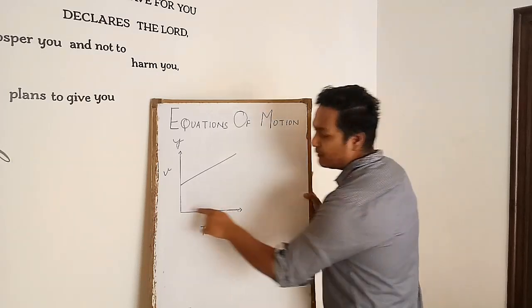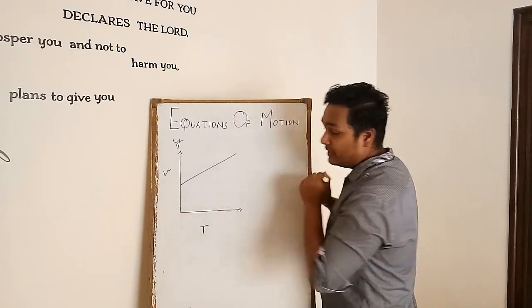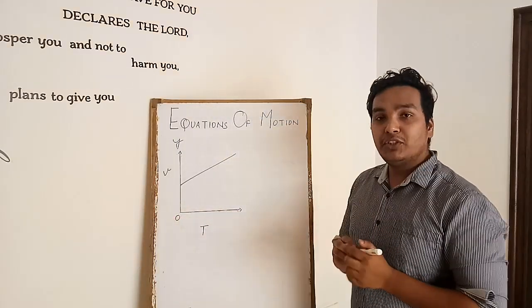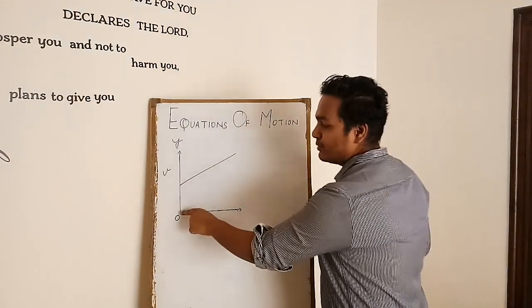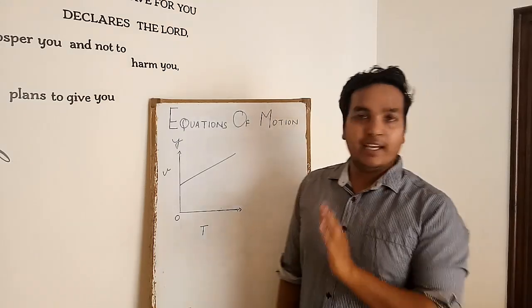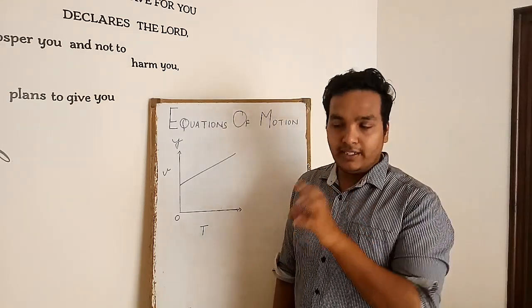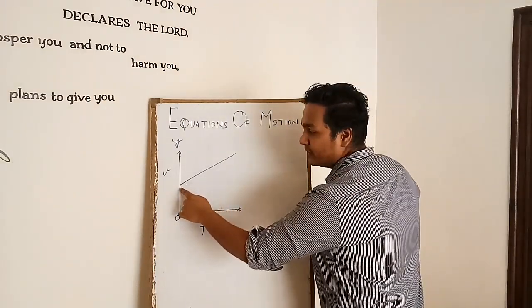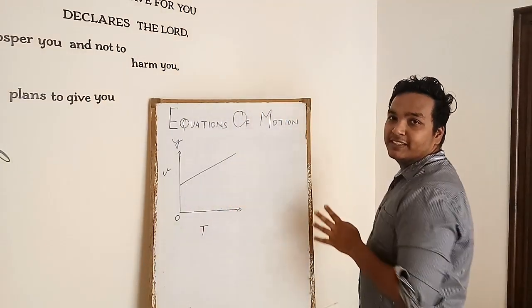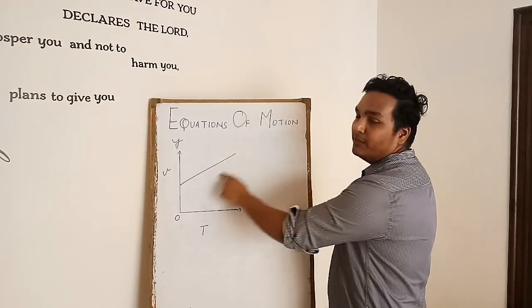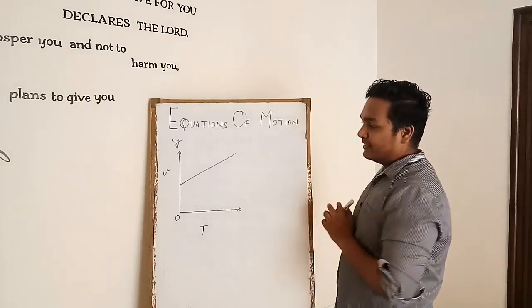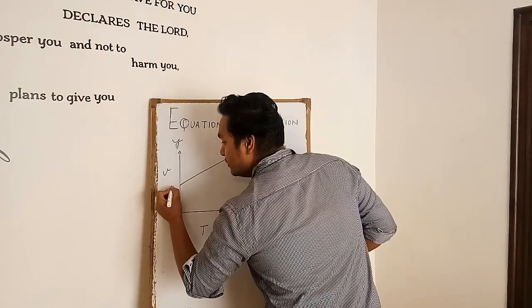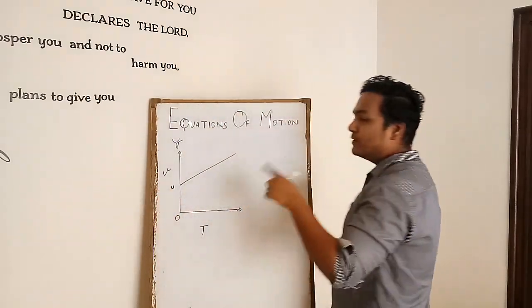Because if I start from here, this is the origin, and at the origin the initial velocity will be 0, and I don't want the initial velocity to be 0. That is why I have started from here and drawn it like this. This is a uniformly accelerated graph. So I have taken it as U. Now first of all I'll name them.